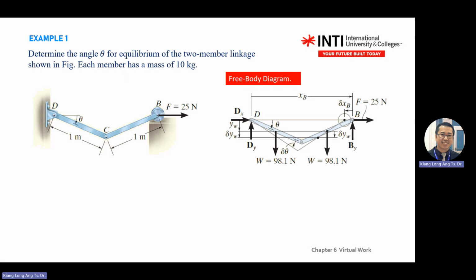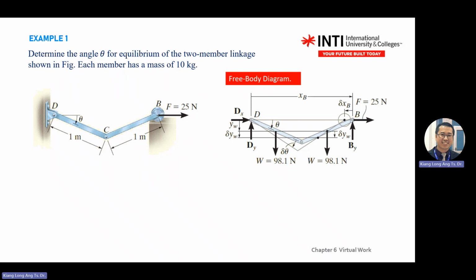Okay, so if the question does not say this statement, each member has a mass of 10 kilogram, or the question mentioned ignore the mass of the linkage, then it will go up. But if the question already gives you, like what you see on the screen here, each member has the mass of 10 kilogram, then this member will go down because the force of the linkage is larger than the force applied.